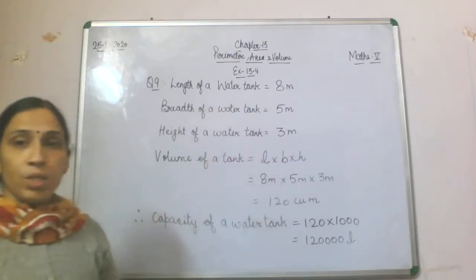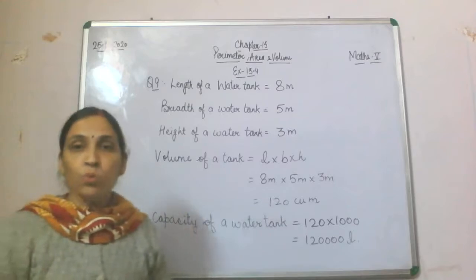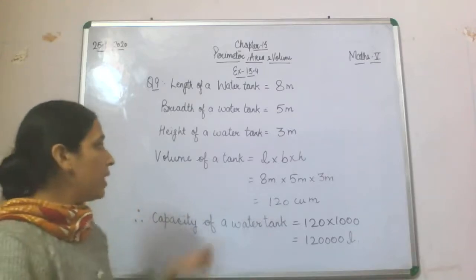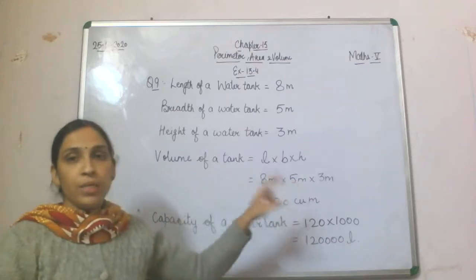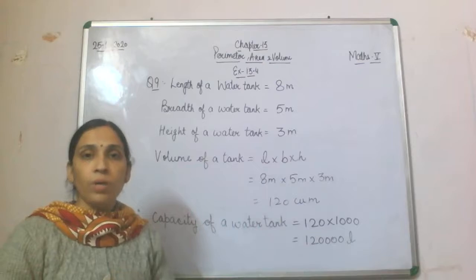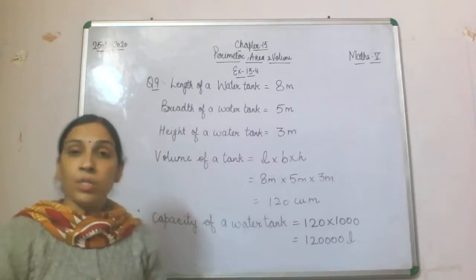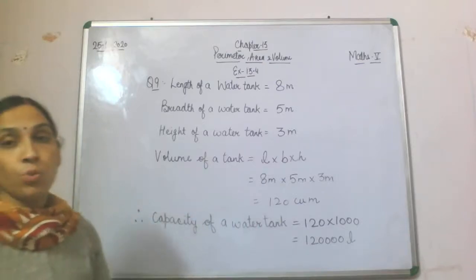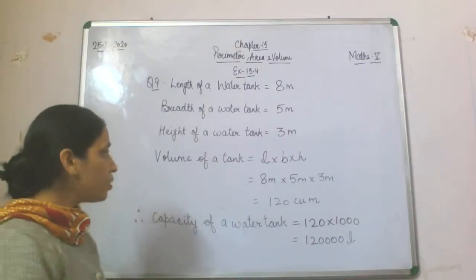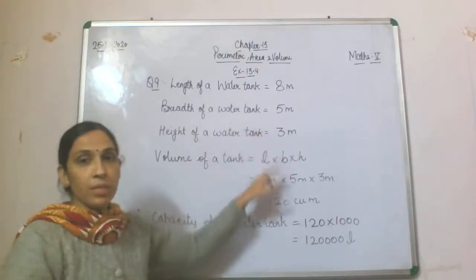After that you are supposed to find the volume of that particular water tank, L into B into H. This is the formula of volume of a cuboidal shape, length into breadth into height.